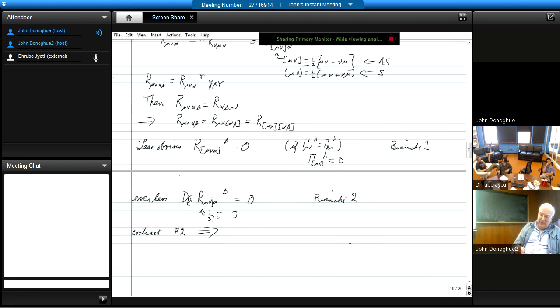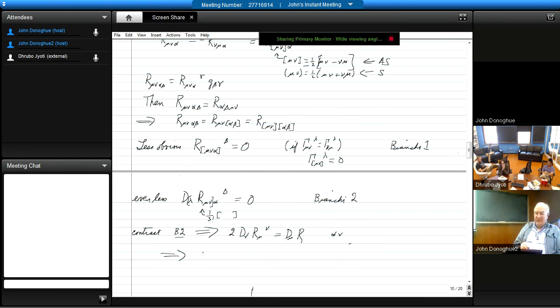So it's basically the definition of the contracted Ricci scalars plus Bianchi 2. I get 2 d nu R mu nu, so I've raised one of the indices there, equals d mu R. Okay, so that's a useful one.